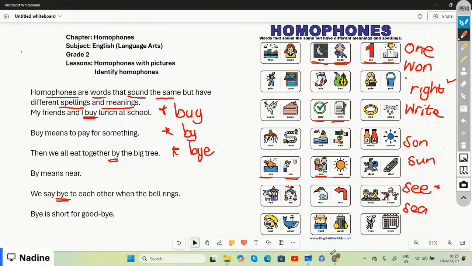All right. So once again, we said homophones are words that sound the same, but the spelling of these words as well as the meaning of these words are different. Yes, so sea and ocean. That is for the word sea. And then the other word see is like where you can see something or you look at something. Yes, homophones.